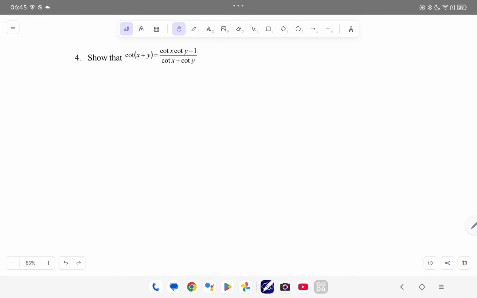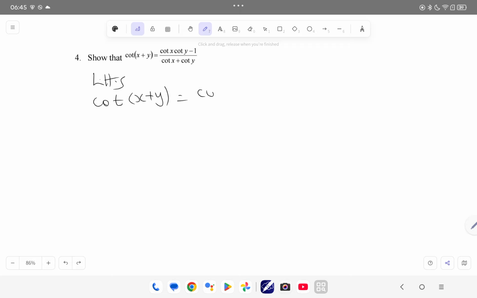Question number 4 says, show that cot of x plus y is that. Still using our left hand side, we shall expand cot of x plus y, which is the same as cos over sine, for cot is cos over sine, out of sine of x plus y. Then we expand.